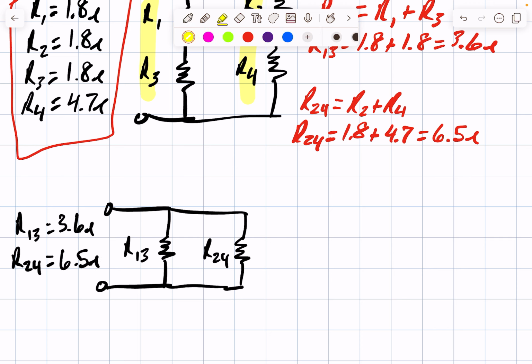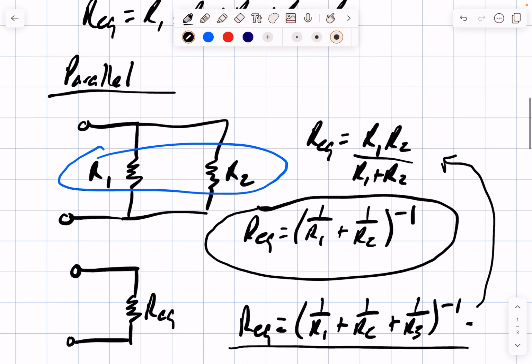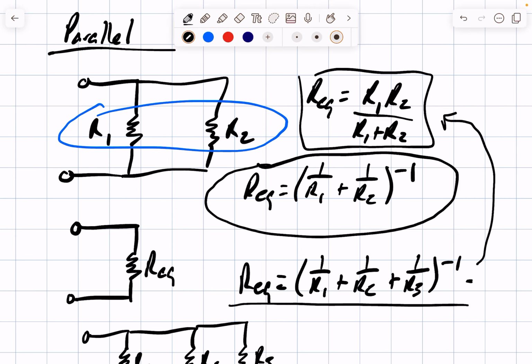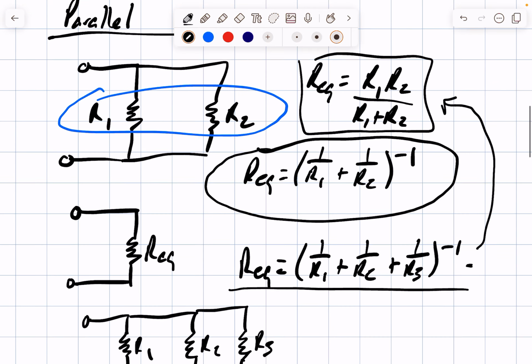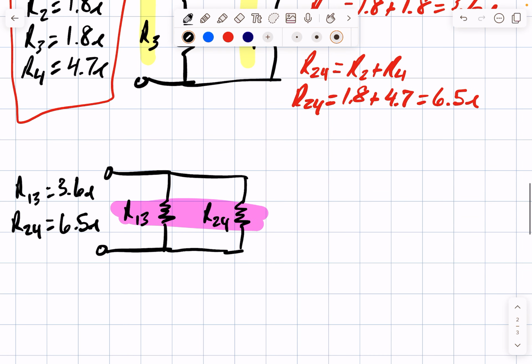And now we can combine these two in parallel. Okay, so now we can use the equation that we have above from this example. We can use this first equation right here, or we could use the second equation that I have circled. It doesn't matter, they'll both give you the same answer. For simplicity, we'll go ahead and stick with the first equation that I mentioned.